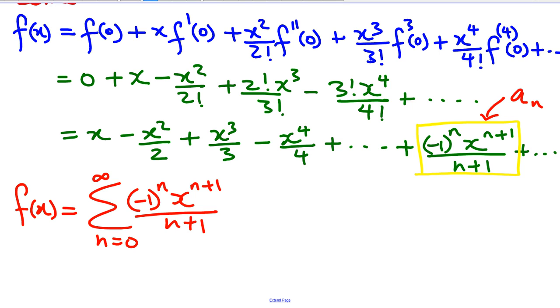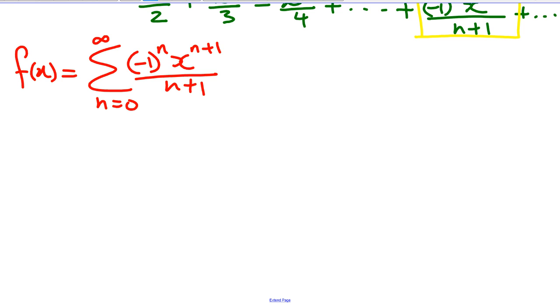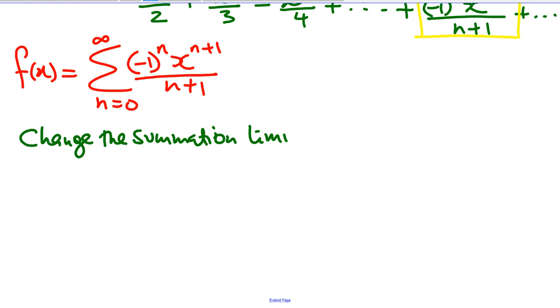Now, I'm going to do something else here. I'm going to change the summation limits. What I mean by that is I want to change these limits here. Remember we are starting from n equals 0, but I want us to start from n equals 1 so that I can simplify s sub n.